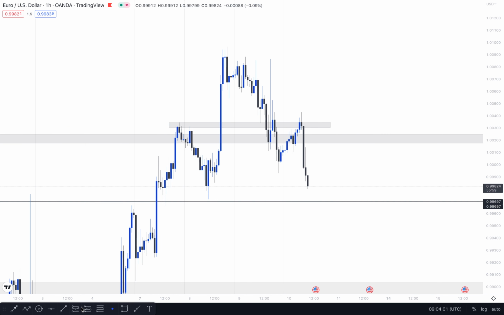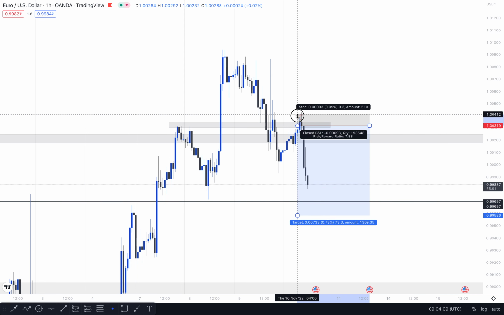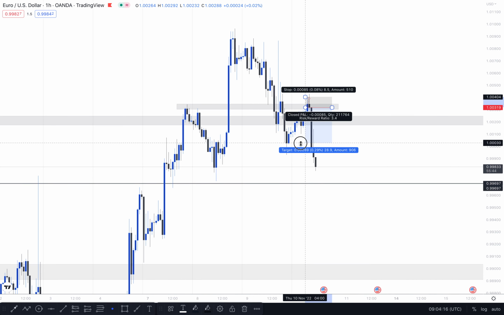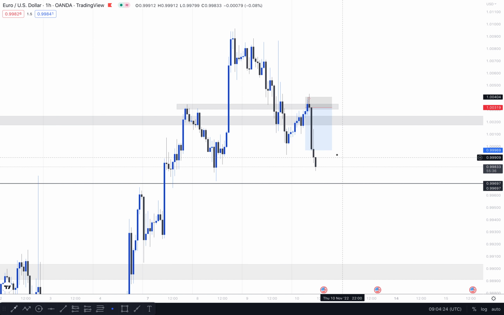I derived my confluences and I placed my entry here, setting my stop loss above this level. I think I got a stop loss of 15 pips. Then I set my TP here. The TP was about 35 pips because I set it at the 100% retracement level.